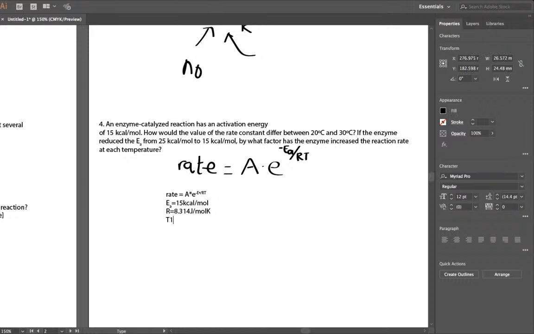The first temperature, T1, is 20 degrees Celsius, which is 293 kelvins.